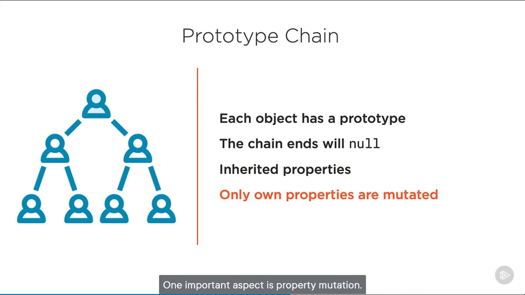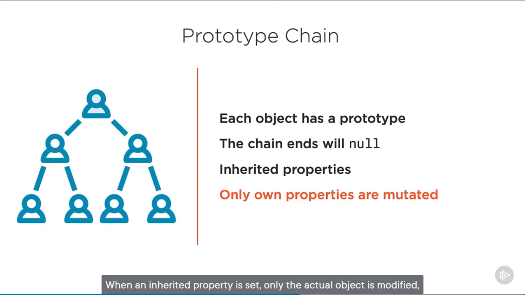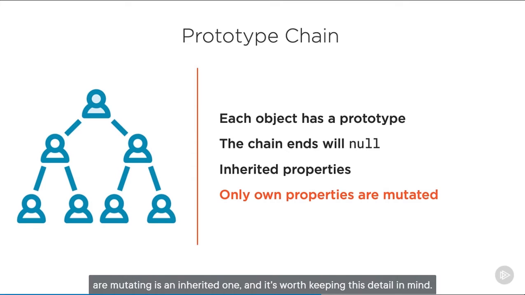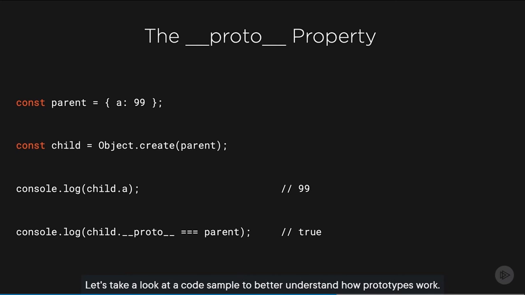One important aspect is property mutation. When an inherited property is set, only the actual object is modified, never any of the prototypes. It may be counterintuitive when the property you are mutating is an inherited one, and it's worth keeping this detail in mind. Let's take a look at a code sample to better understand how prototypes work.